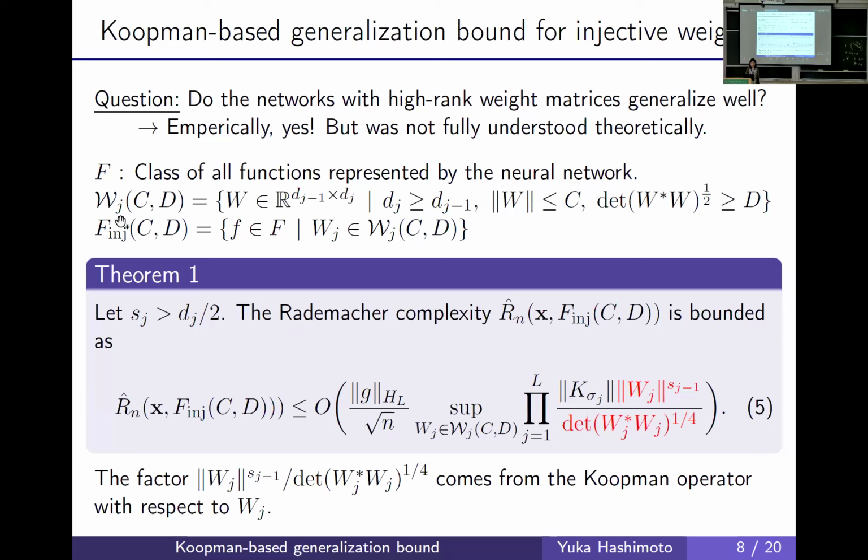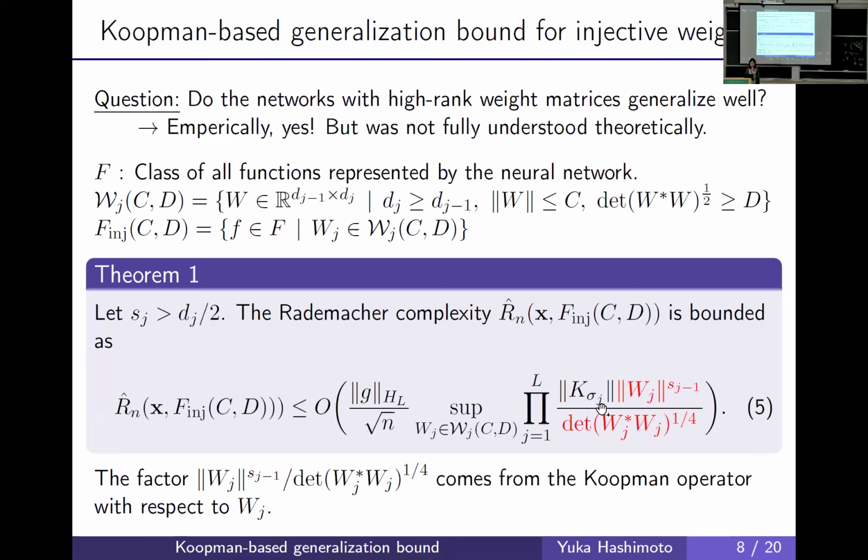And we get theorem number 1 as an answer of this question. So here the left-hand side is the Rademacher complexity. So it is something like the generalization error. And the right-hand side is obtained by using the Koopman operators. And the interesting part is the red part.